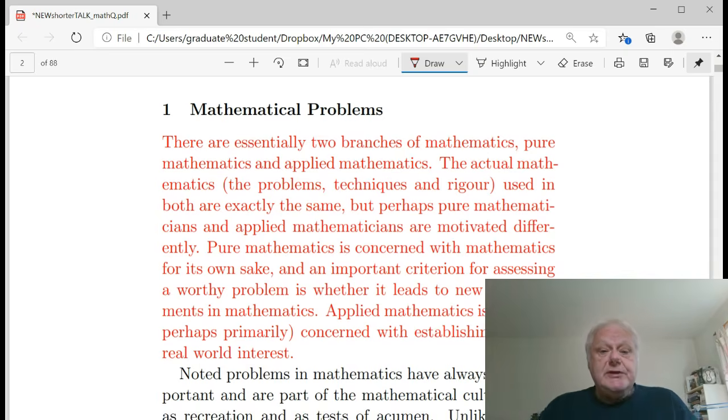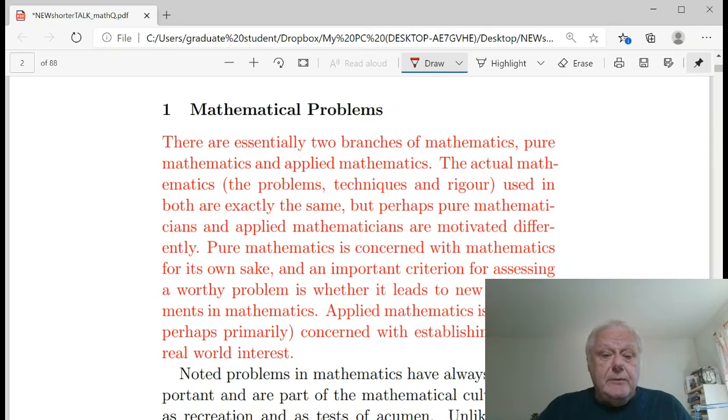So there are essentially two branches of mathematics: pure and applied. Of course, this is an artificial barrier. And the actual mathematics that mathematicians do is exactly the same. It's possibly just the motivation between pure and applied mathematics that is slightly different.